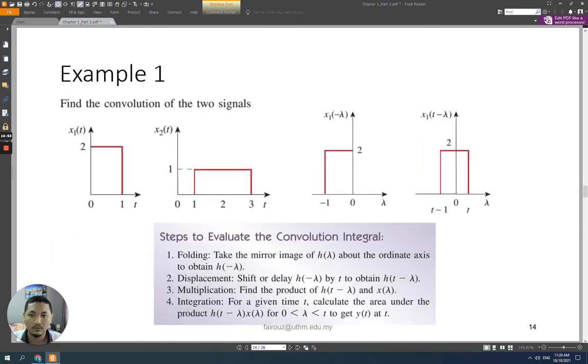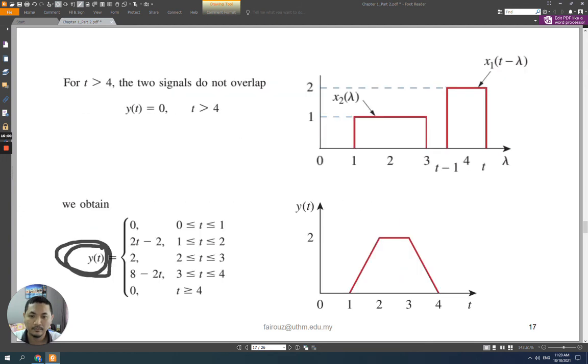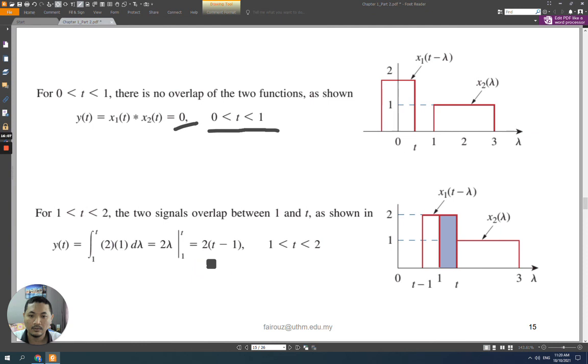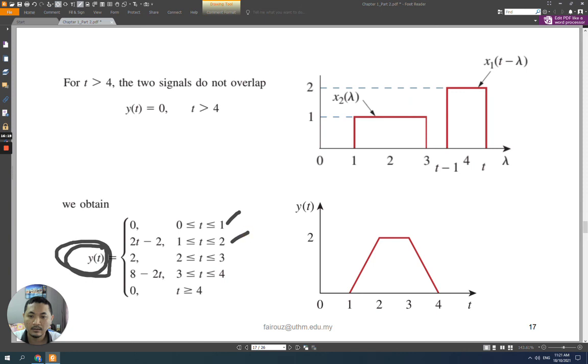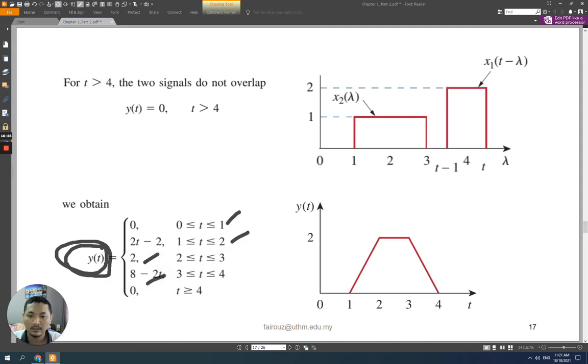This is the result you will get. y(t) is first 0 between 0 and 1. Next is 2t minus 2, or 2 in bracket t minus 1, same thing, for between 1 and 2. The next is 2, and then 8 minus 2t, and finally 0.